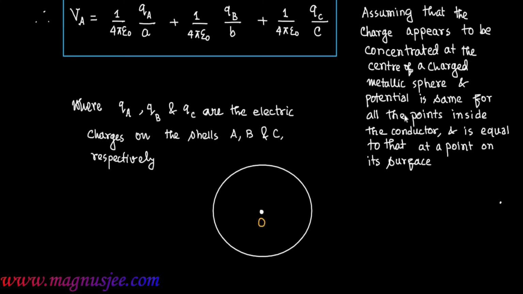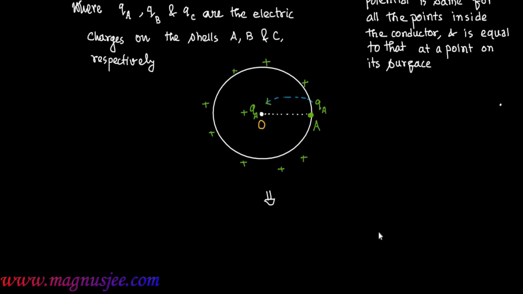So we can draw the sphere. QA is the positive charge which is uniformly distributed over the surface, but the charge QA appears to be concentrated at the center O, though it is uniformly distributed over the surface of the shell A. Now QA is a positive charge situated at the point O, and we consider a point A at a distance a. What will be the potential at the point A due to the charge QA at the point O?